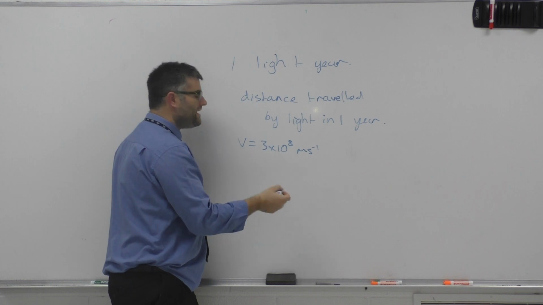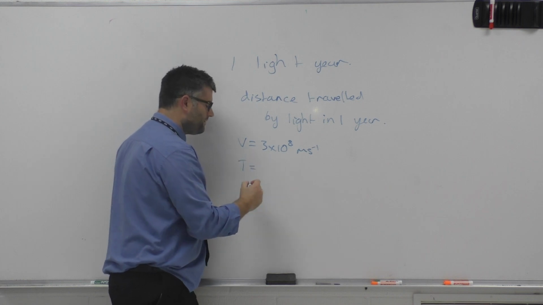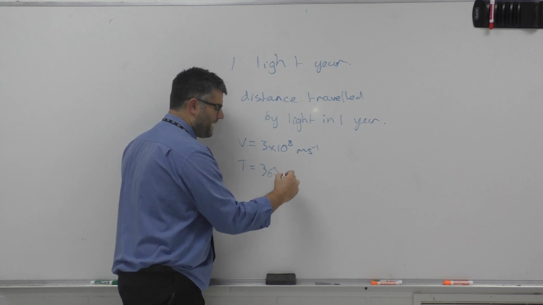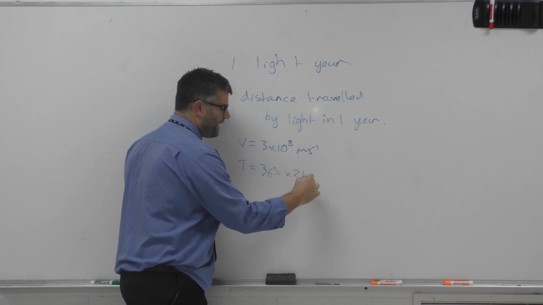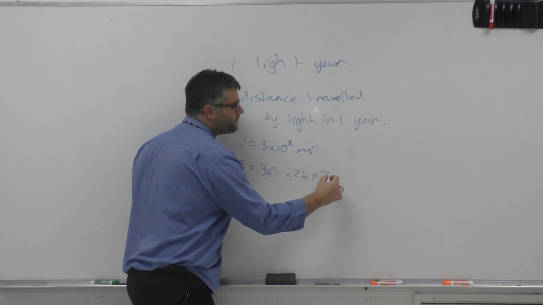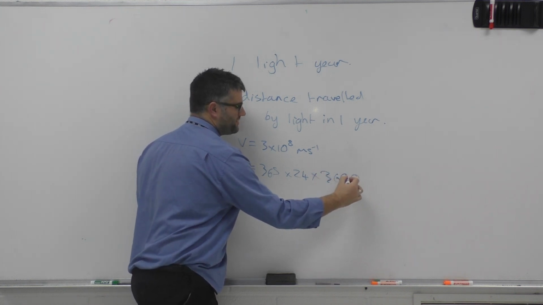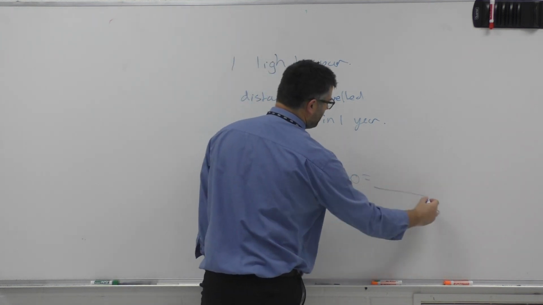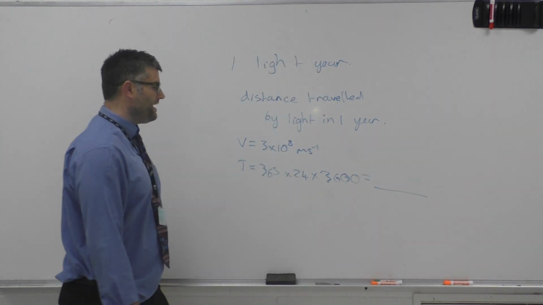And in a year, there are 365 days, times 24 hours in each day, and each hour is 3,600 seconds. As a result, you can work out the number of seconds in a year.